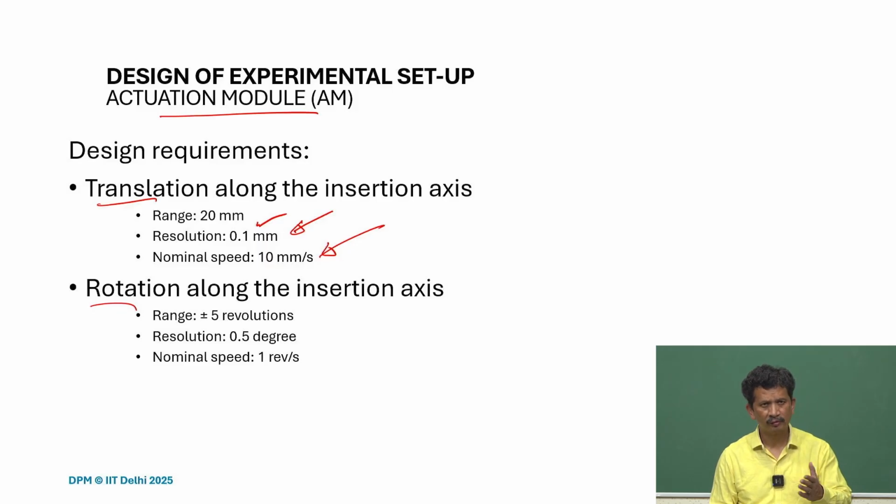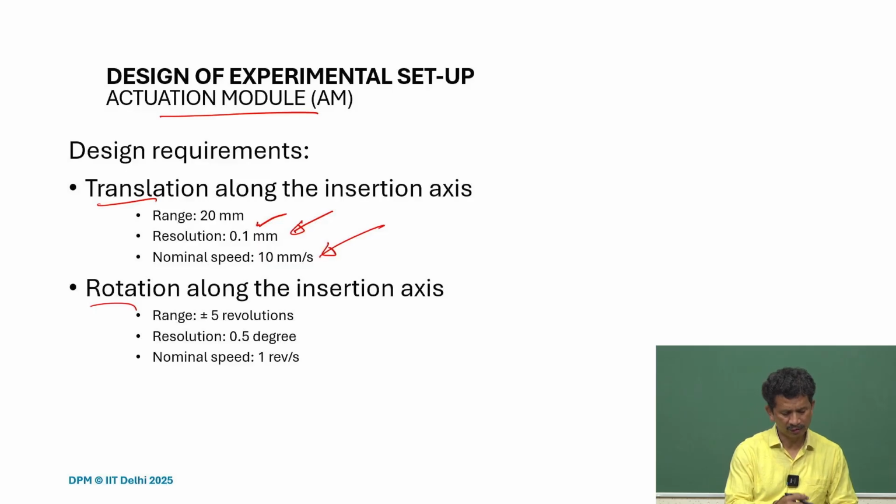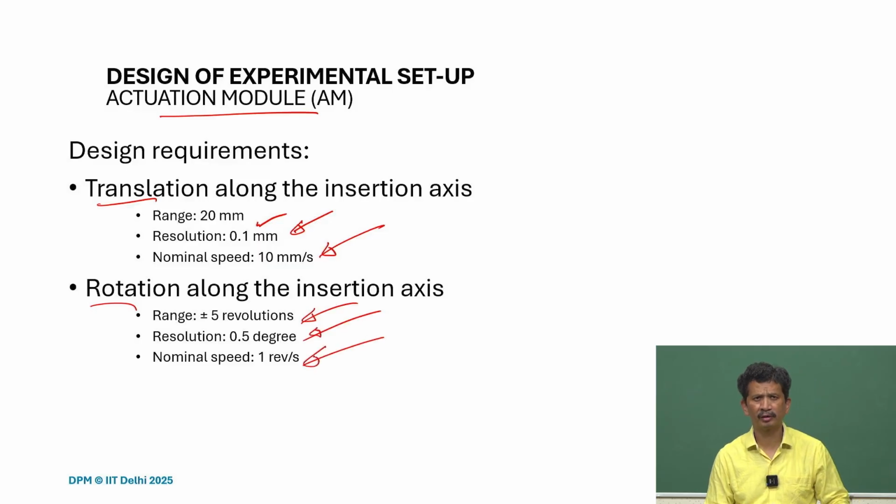For this kind of operation, we don't want a high speed, we want to do it slowly, but we want resolution. For rotation also, the range of plus minus 5 might be good enough, the resolution not very high again, and then the nominal speed. So here it is not very stringent.